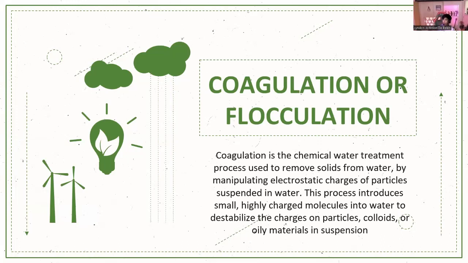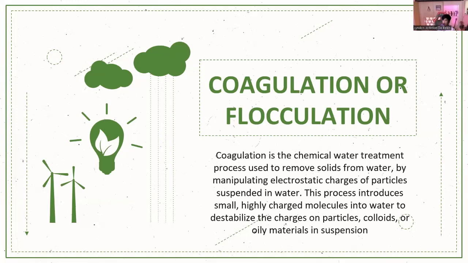The process introduces small, highly charged molecules into water to destabilize the charges on the particles, colloids, or oily materials in suspension. So it is a process used to neutralize charges and form a gelatinous mass to trap or bridge particles, thus forming a large enough mass to settle or be trapped in the filter.